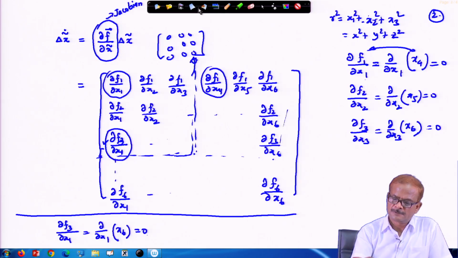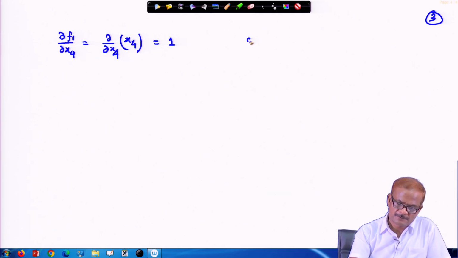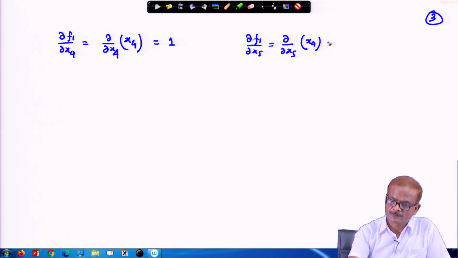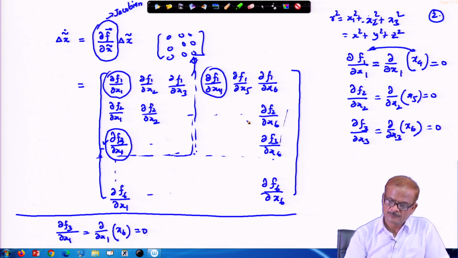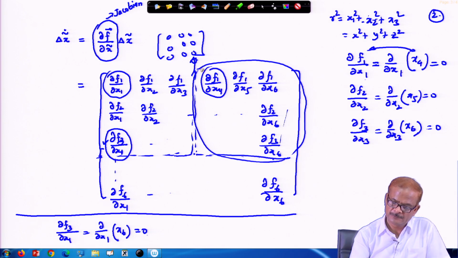The next element then is dou f 1 by dou x 5. This quantity is 0. So, what you will see if you do this exercise is that this quantity from here to here comes in this format: 1 0 0, 0 1 0.